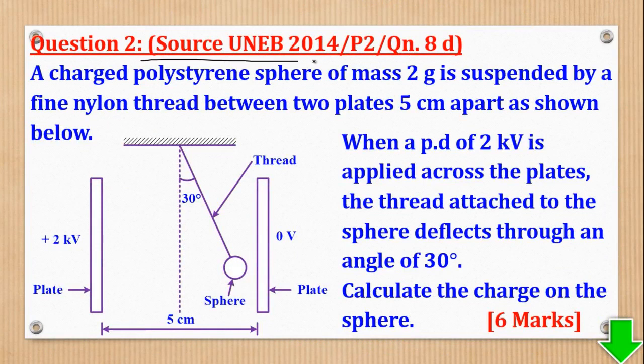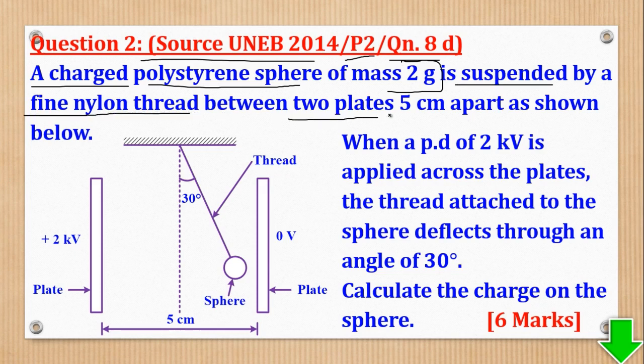Now we shall go to question 2, which came from UNEB 2014, paper 2, question 8D. It says, a charged polystyrene sphere of mass 2 grams, note this word grams, so it means it has to be converted to kilograms, is suspended by a fine nylon thread between 2 plates 5 centimeters apart as shown below.